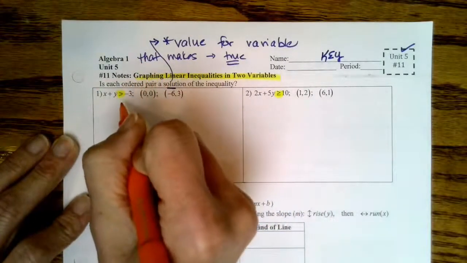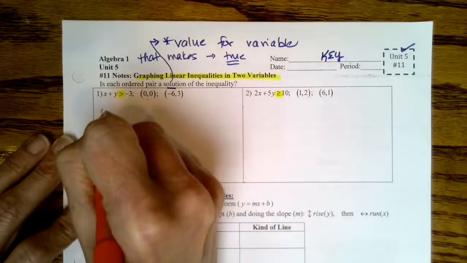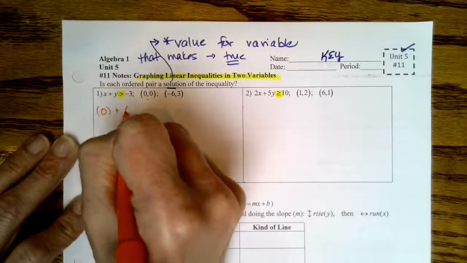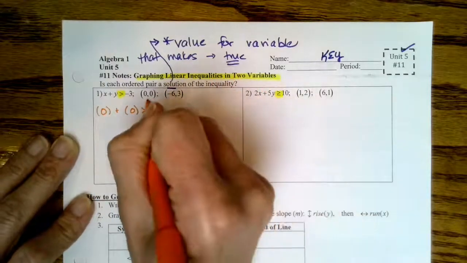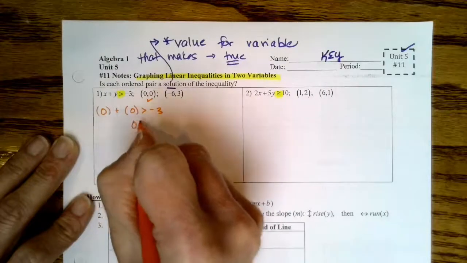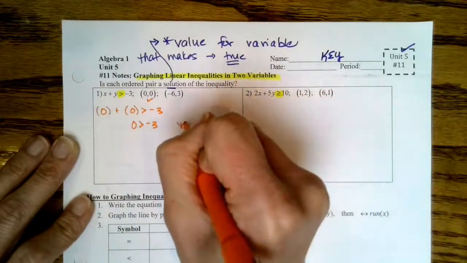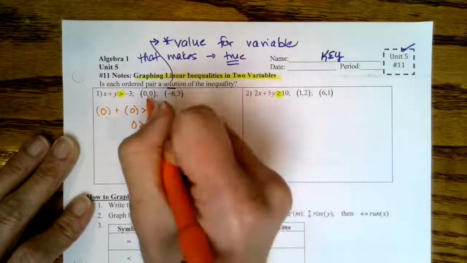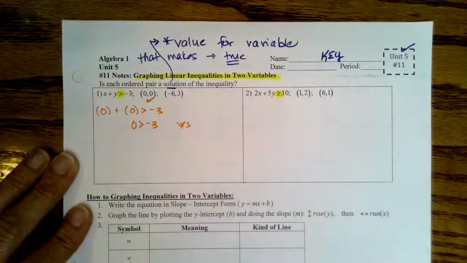So when I talk about this inequality, if I'm substituting in 0 for x and 0 for y, testing to see if this works, I have to say, is 0 bigger than negative 3? And yes, that is true. So yes, that one is a solution to that inequality.